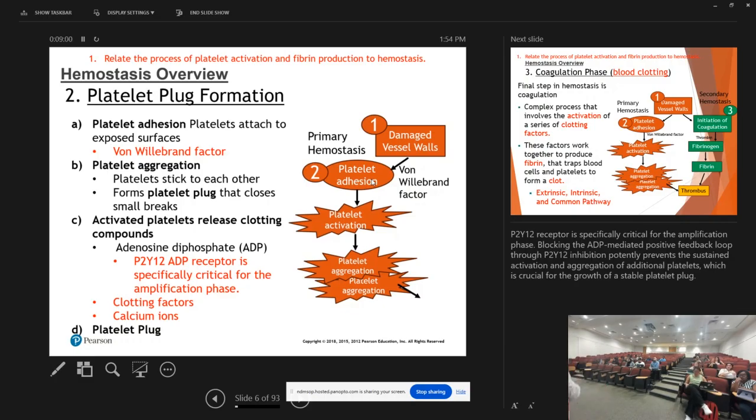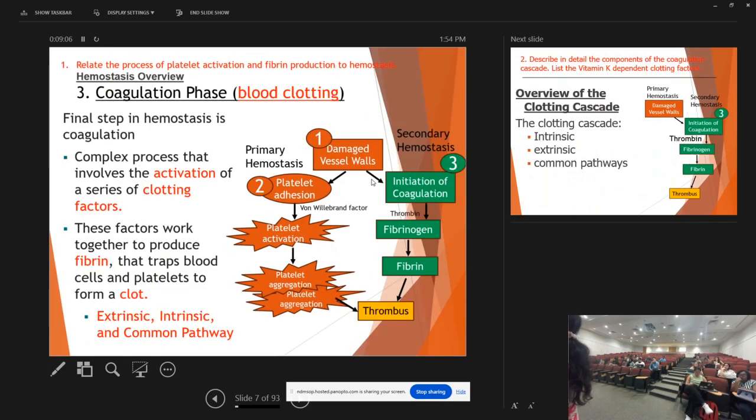But before that, it also has to complete the process on the right side, which is now the third step, the coagulation, right? So we have found the damaged vessel, we have found that all the platelets have been activated, but on the secondary pathway, we also have to initiate our coagulation cascade.